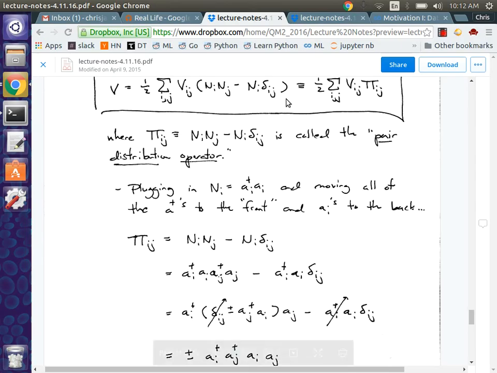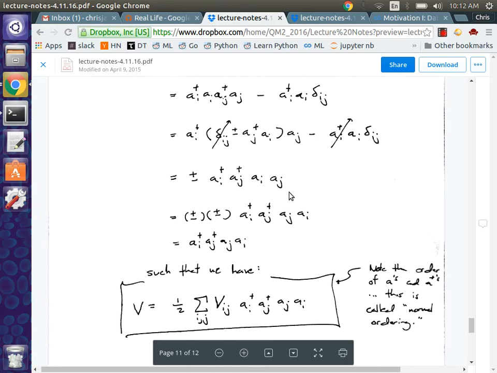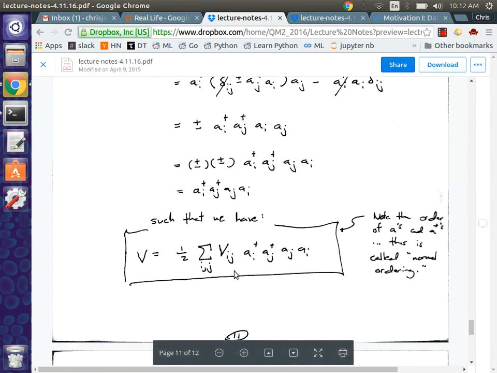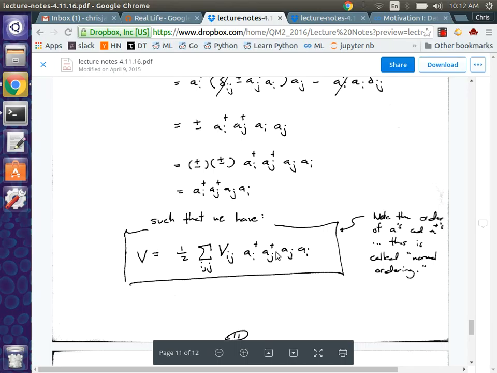Right, and then I plugged in the expressions for n in terms of a and a dagger, and put this in terms of what's called normal ordering, where you put all the annihilation operators to the right and all the creation operators to the left, right? And we were able to write down this two-particle interaction.